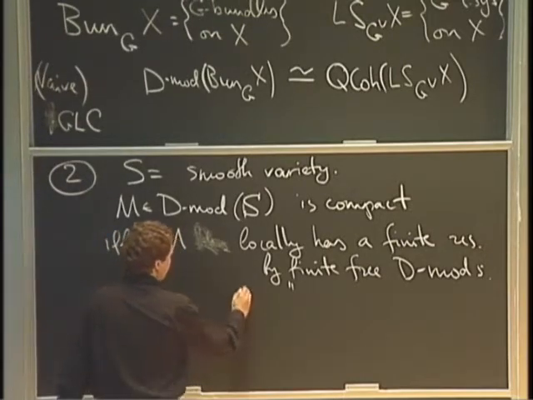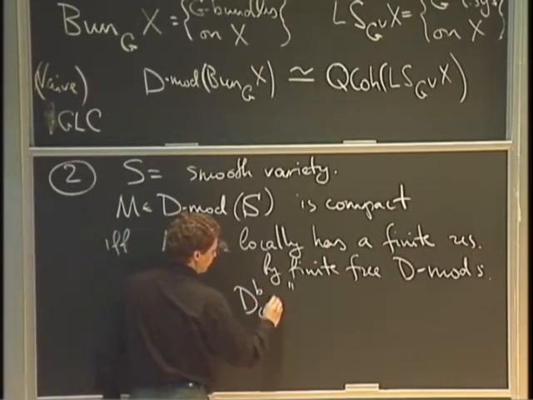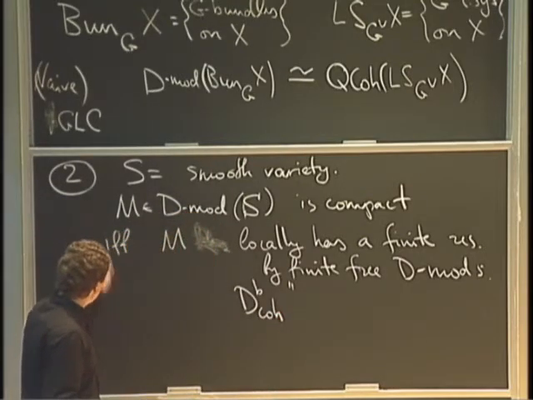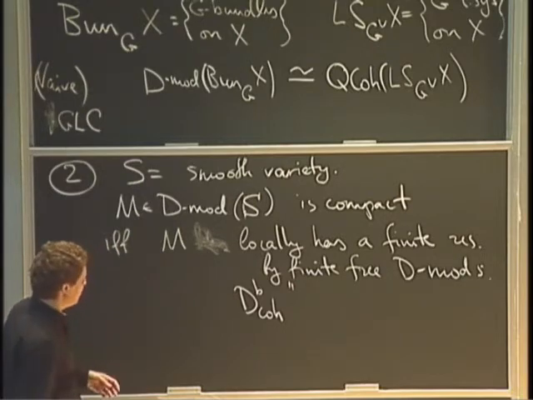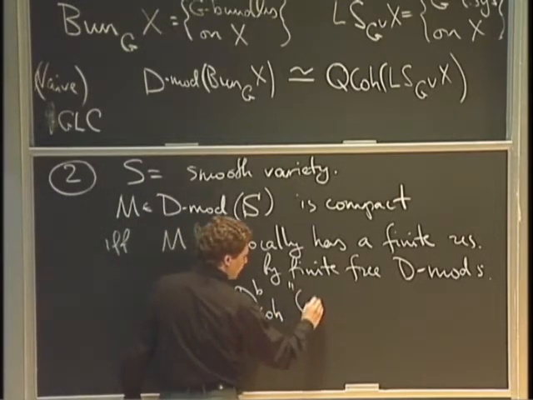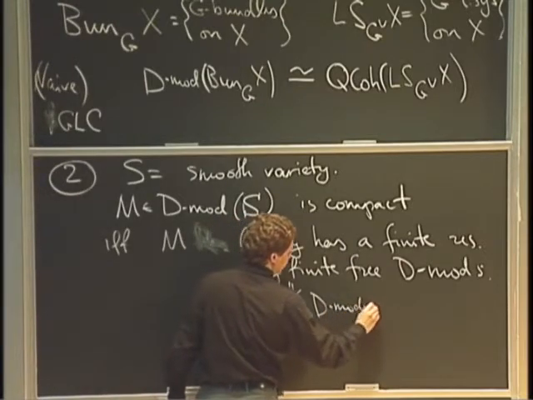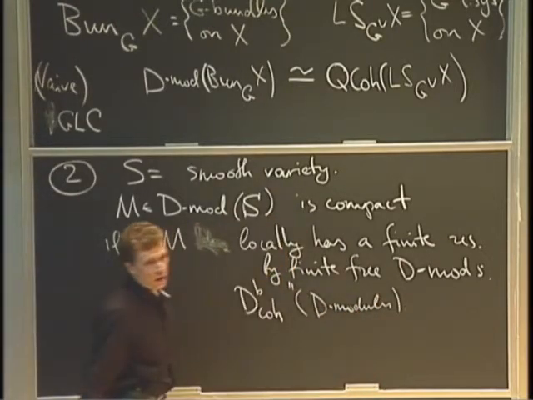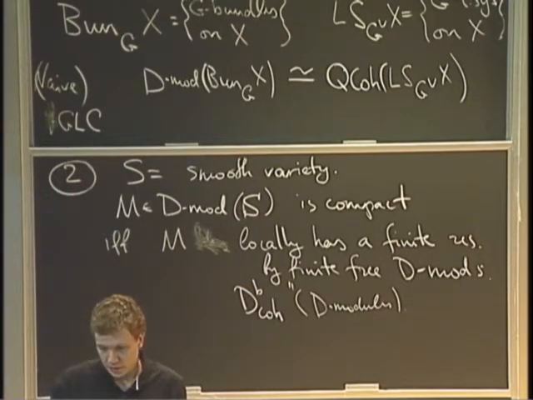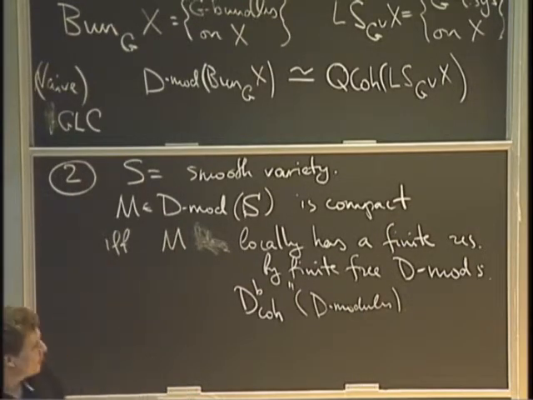So this is equivalent to saying that it's a complex of D modules with bounded coherent cohomology. So this is the same as D^b Coh of D modules. So anyway, this is the second example.